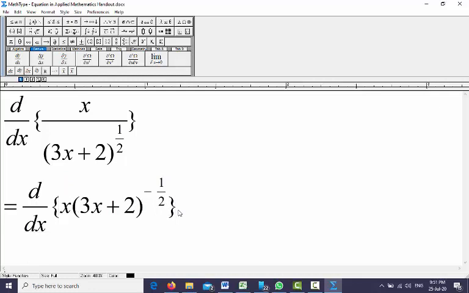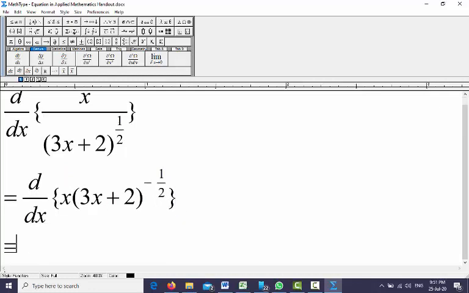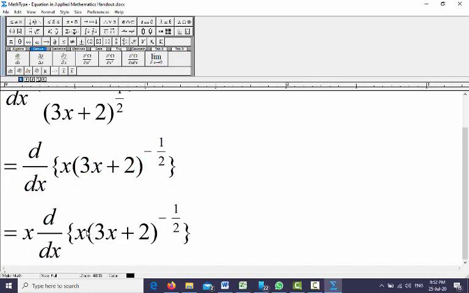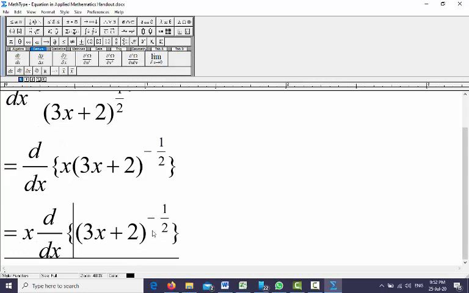So now you can use multiplication rule of differentiation like this.